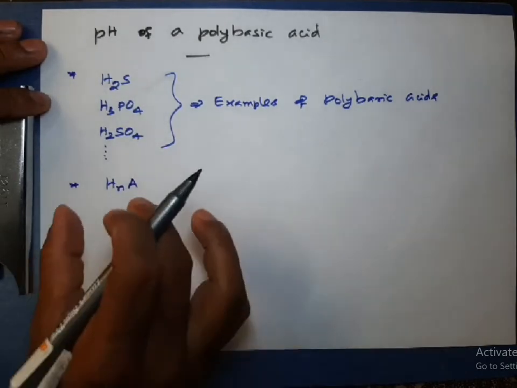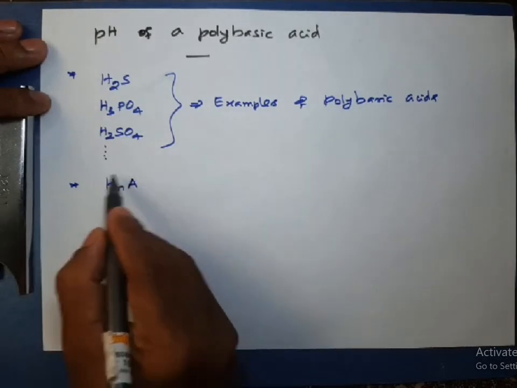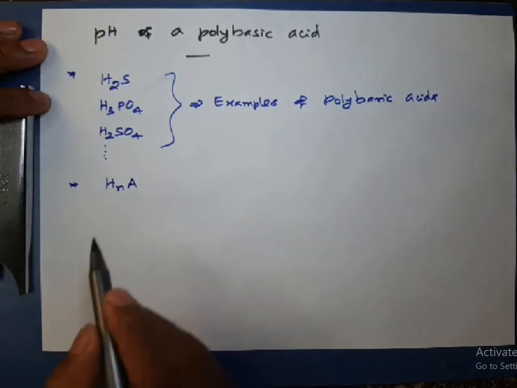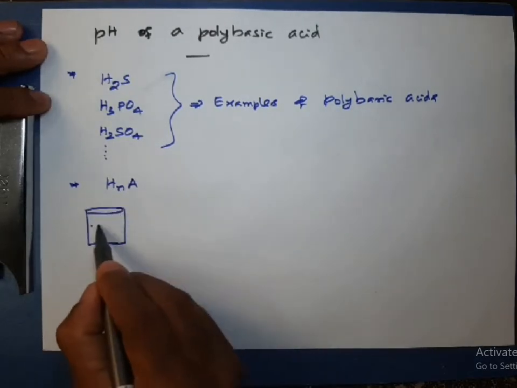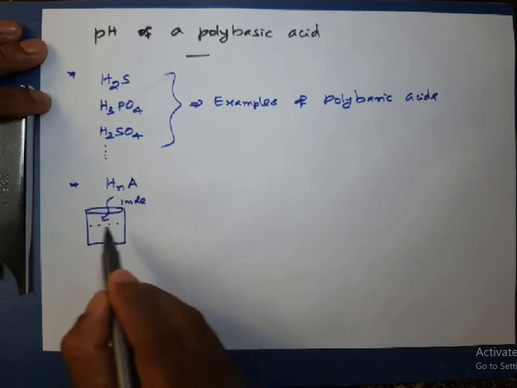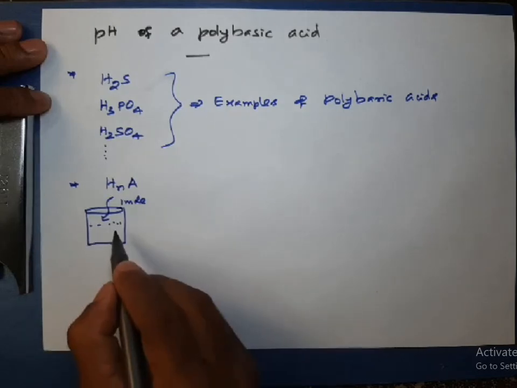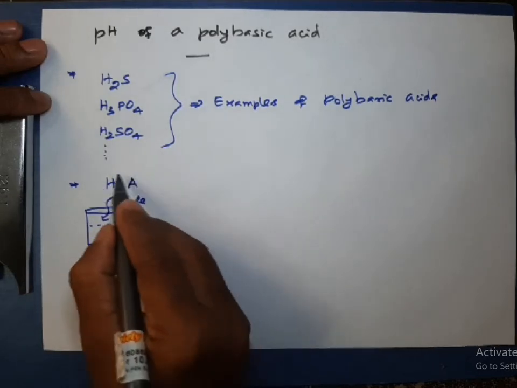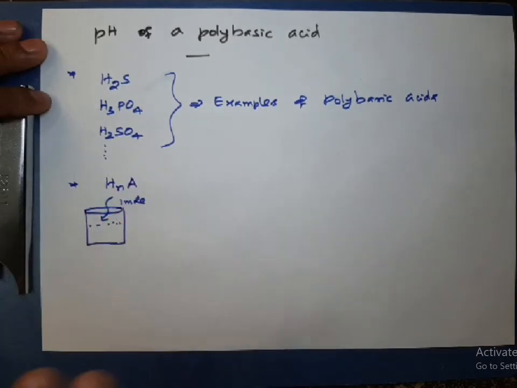Now what I'm going to do, I'll take 1 mole of this compound and dissolve it in some volume of water, so I'll get a solution. Assume that this molecule remains undissociated in the solution.